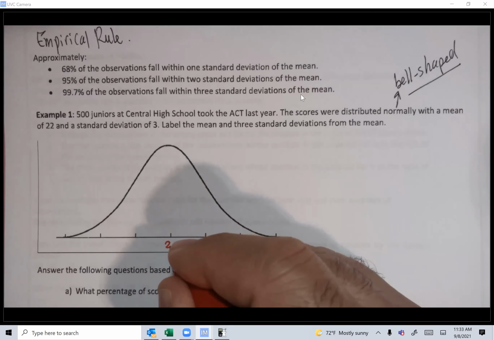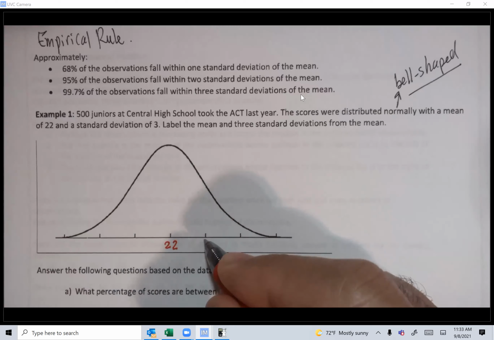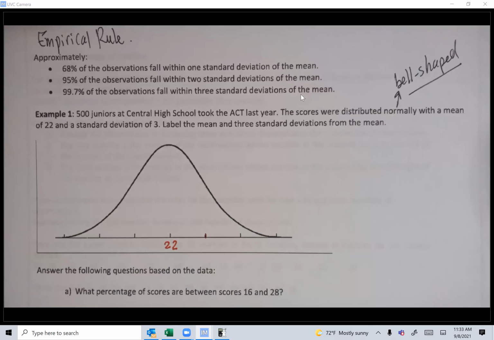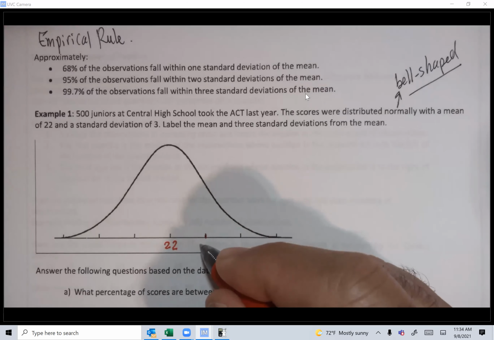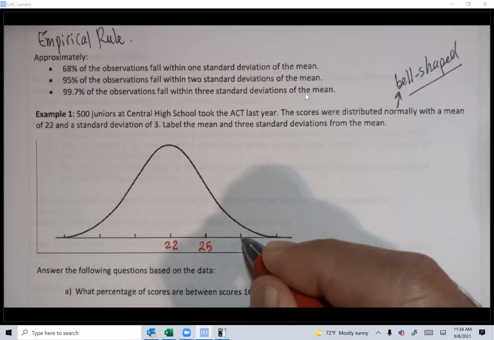So this is a 22. Can a student tell me what the next number is going to be? 25. Yes, correct. In the chat, the students added 25. And what's the next one, guys?